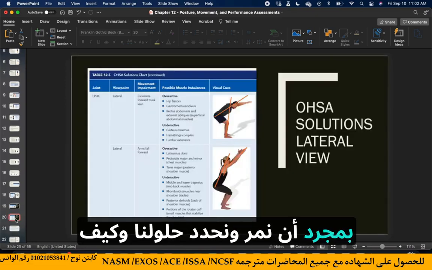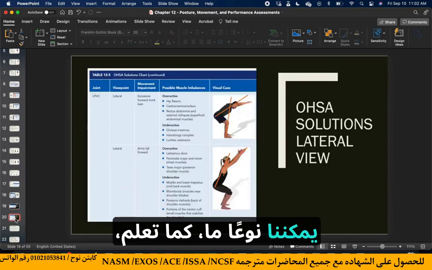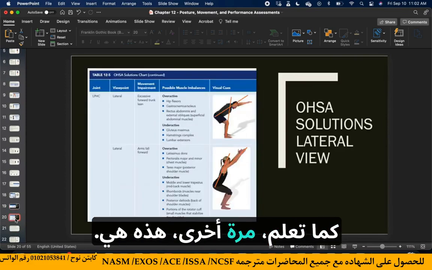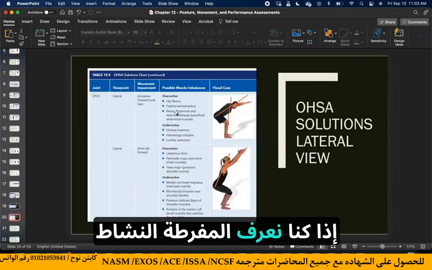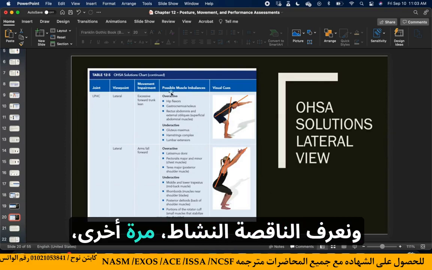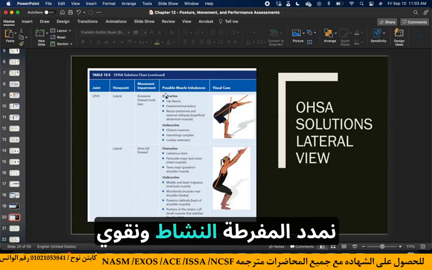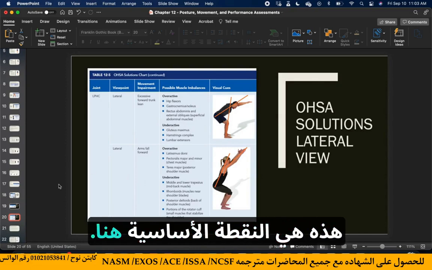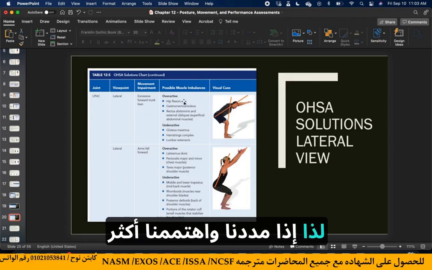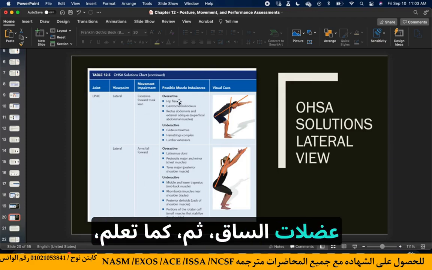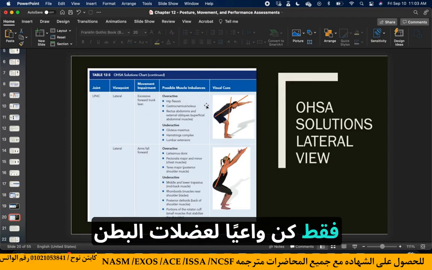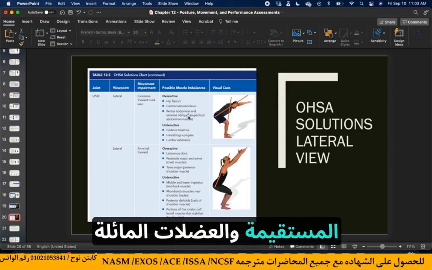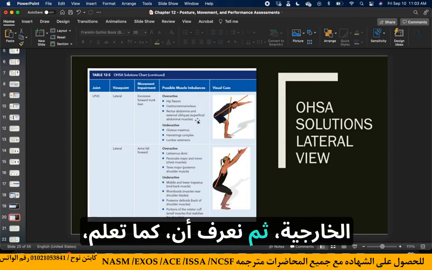So, once we go through and determine our solutions, if we know our overactives and we know our underactives, we stretch our overactives and we strengthen our underactives. Okay, that's the key point here. So we stretch and pay attention more to our hip flexors, our calves, and then just be aware of our rectus abdominis and our external obliques.